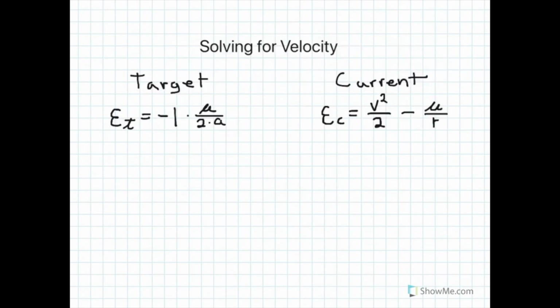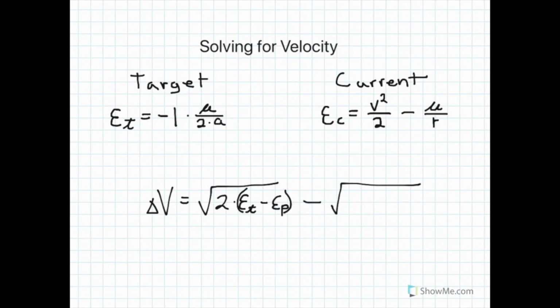Now that we know both our current and target orbital energies and the amount of potential energy to deduct from each, we can reverse the equation for kinetic energy to solve for V and take the difference. Delta V equals the square root of 2 times our target energy minus the potential energy at apoapsis, minus the square root of 2 times our current energy minus the potential energy at apoapsis.